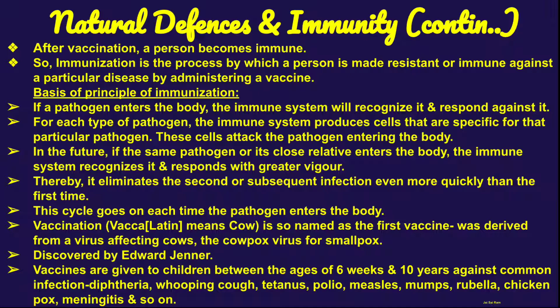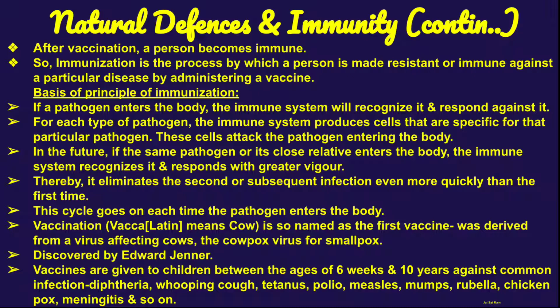Then what are the principles of immunization? If a pathogen enters the body, the immune system will recognize it and respond against it. For each type of pathogen, the immune system produces cells that are specific for that particular pathogen.